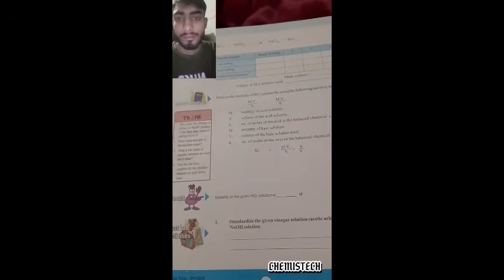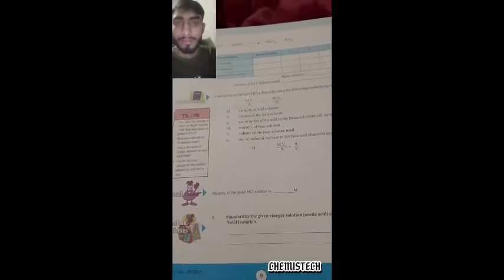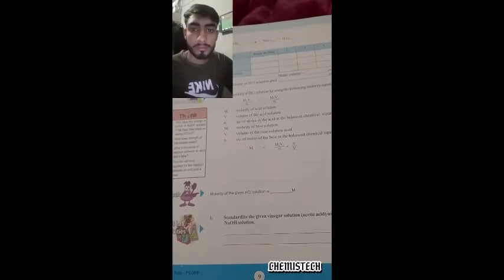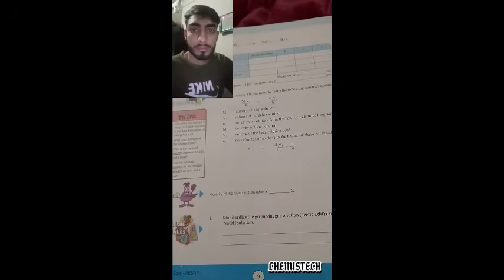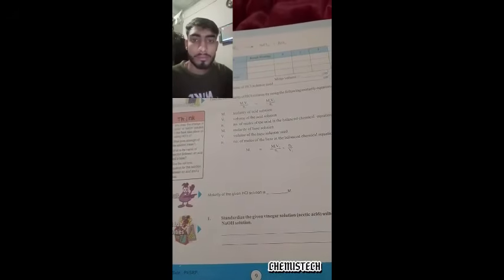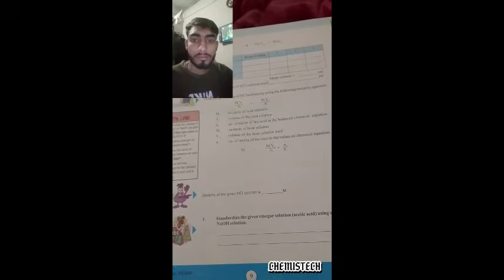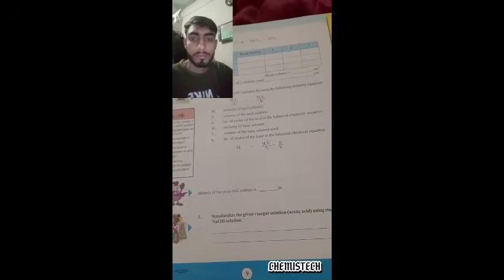Find out the molarity of the HCl solution by using the following molarity equation: M1V1/n1 = M2V2/n2. M1 is the molarity of the acid solution, V1 the volume of the acid solution, n1 the number of moles of the acid in the balanced chemical equation.